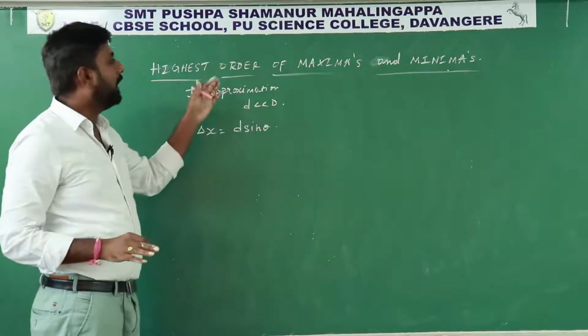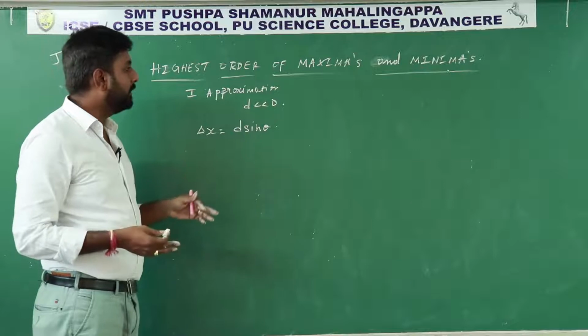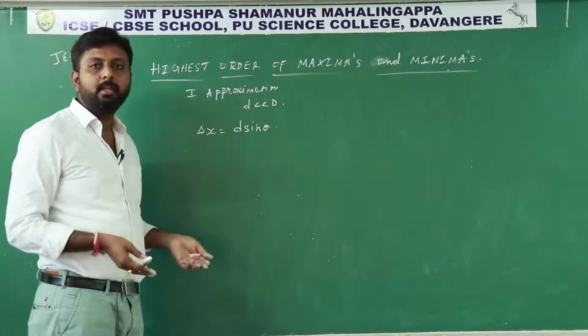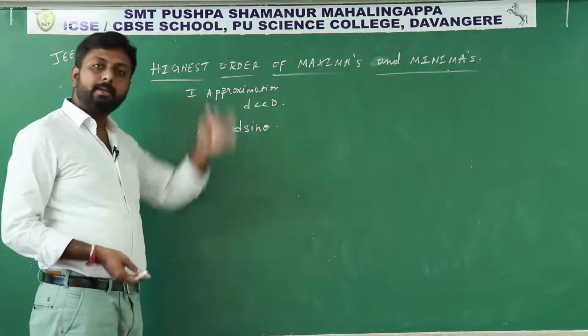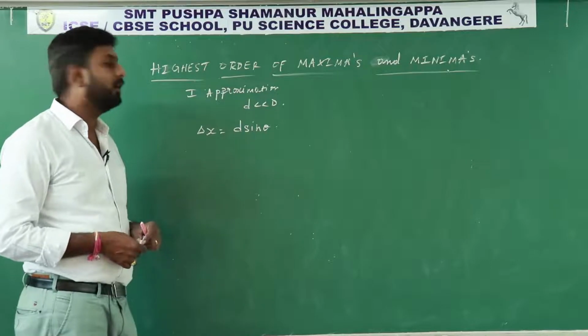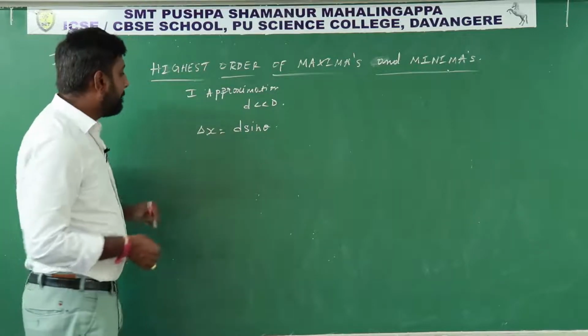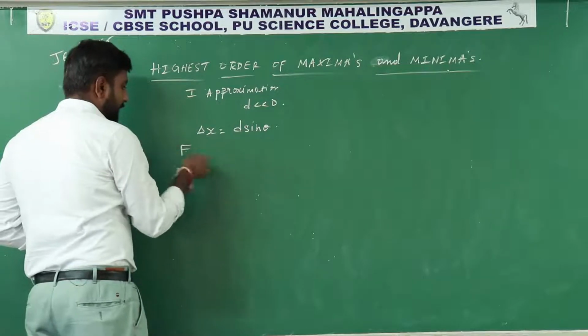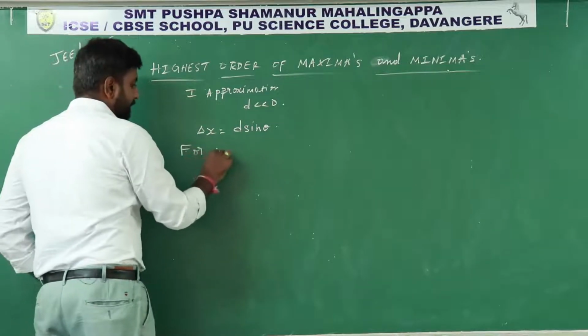So for the highest order of maximas and minimas we will consider only the first approximation. In that case we will find how many dark fringes and how many bright fringes will form. So here first I will derive the condition for maximas.